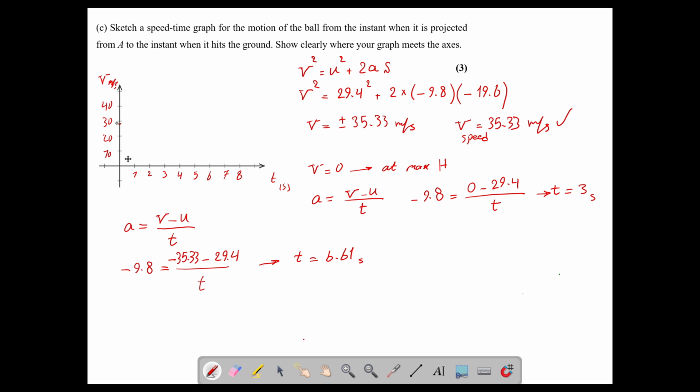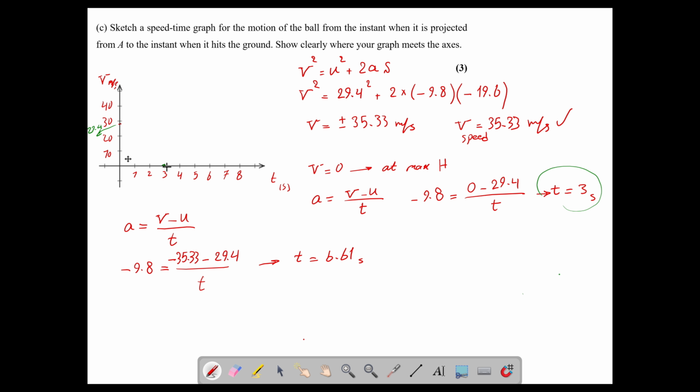Okay, this is initial velocity. It is 29.4 meters per second. Our initial velocity. After 3 seconds, we reach the maximum height with velocity of 0. And then we reach the ground.